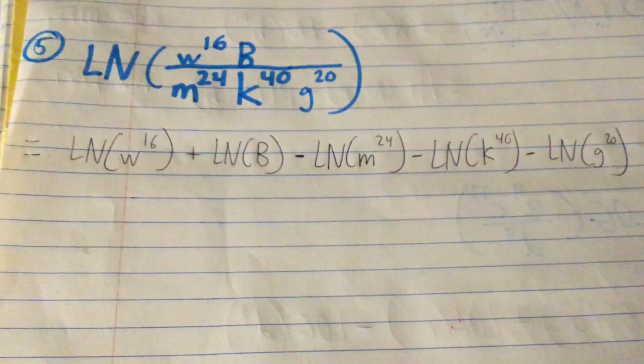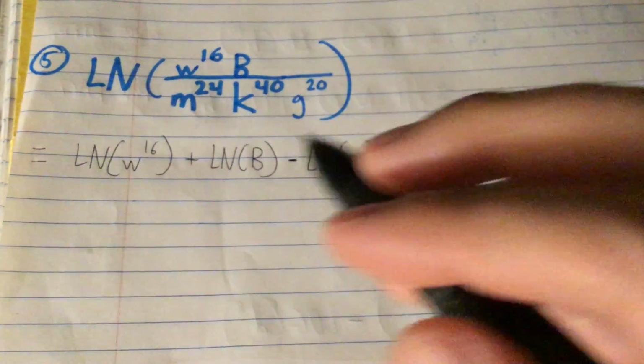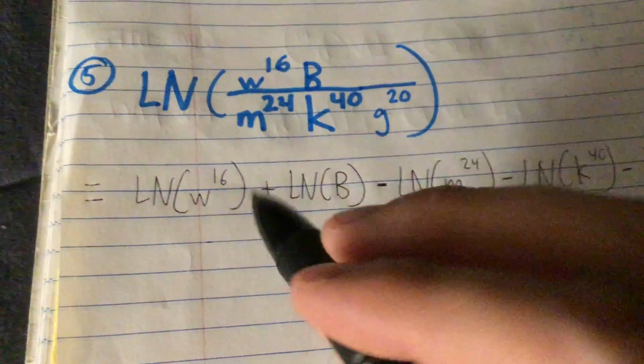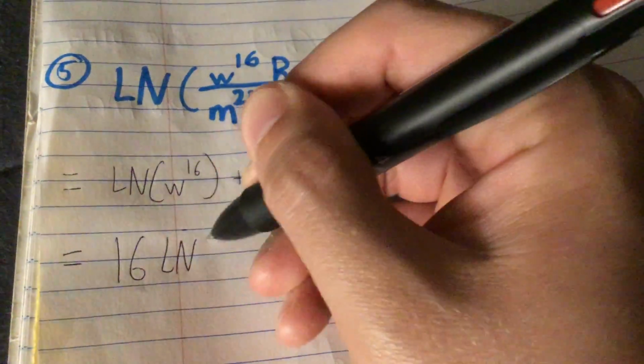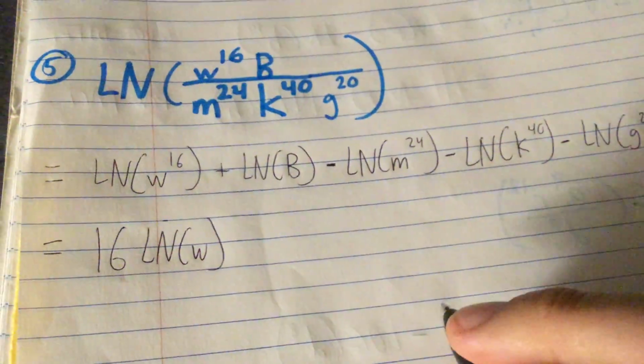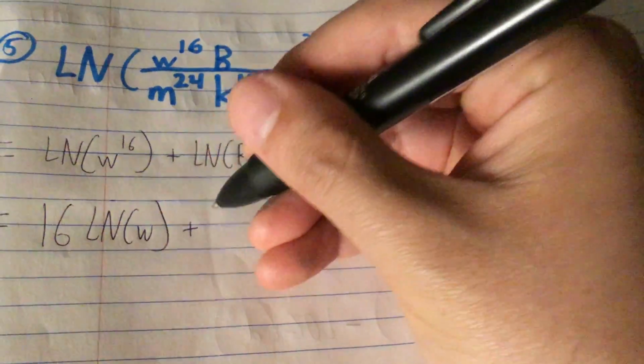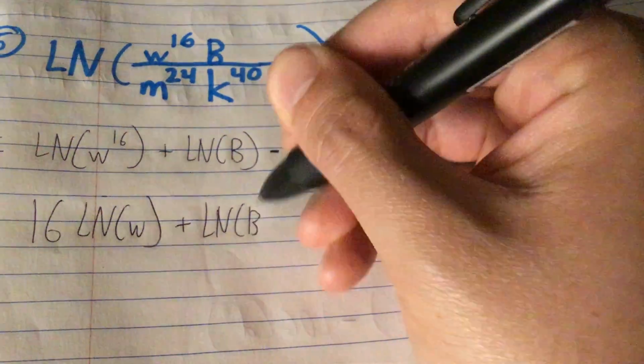And now every exponent is going to fly to the front. So now, piece by piece, natural log of w to the 16th is going to bring that exponent out to the front. 16 natural log of w. There's no exponent for the natural log of b, so I'm going to leave this as plus the natural log of b.